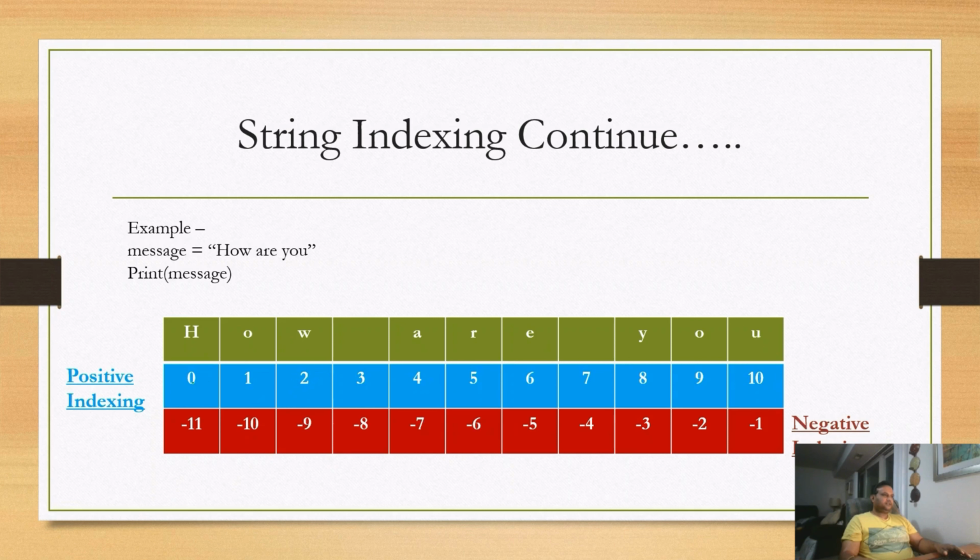So if we want to access this HOW from the memory location, we need to tell the computer, hey, I need the string message from 0 till position number 2. We cannot say it in simple words. We need to specify our command in a specific format.